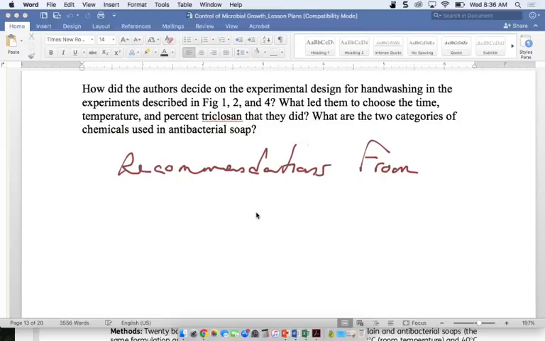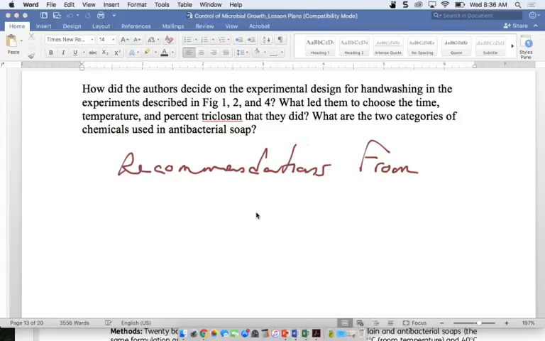Let's take a look at the materials and methods real quick. So in the materials and methods, under experiment 1, the in vitro antimicrobial testing, second paragraph.